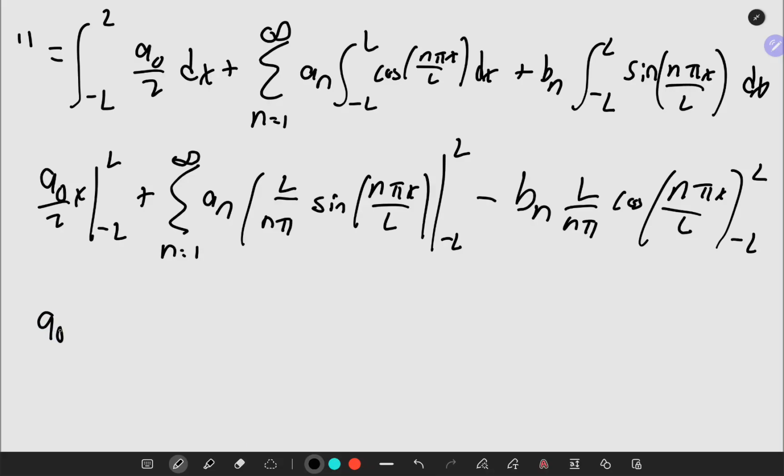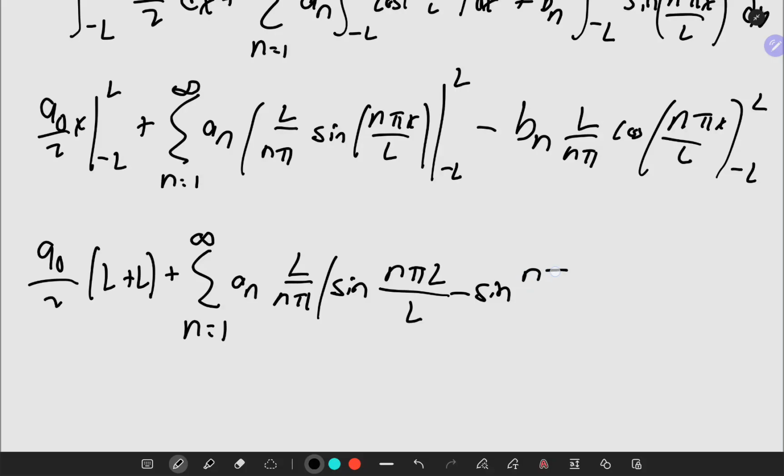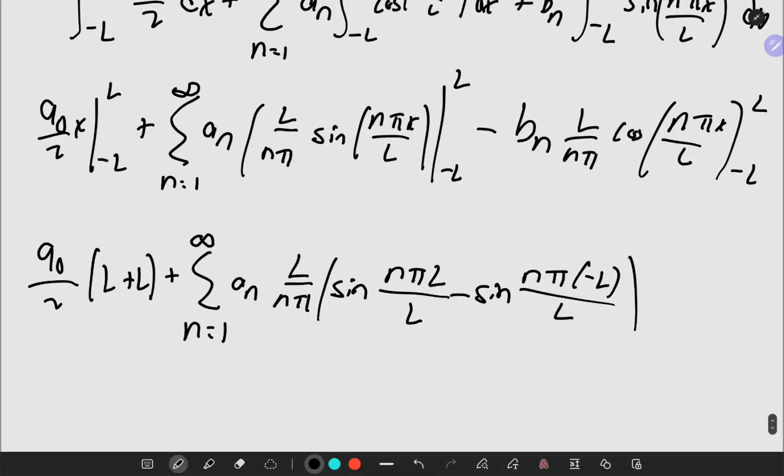Doing this, we'll get a sub 0 over 2 times L plus L, plus the sum of a sub n L over n pi times sine n pi L over L, I plugged in for L, minus sine of n pi negative L over L. That's just 0, but hold on, let me continue.